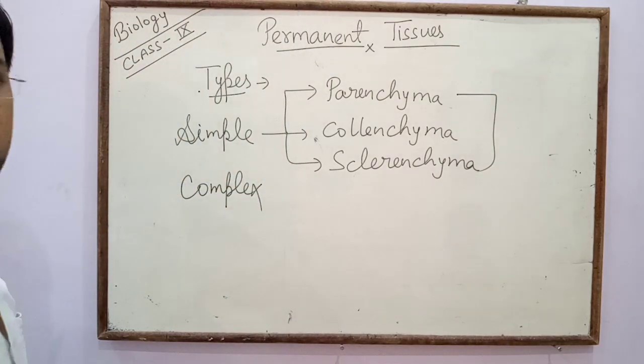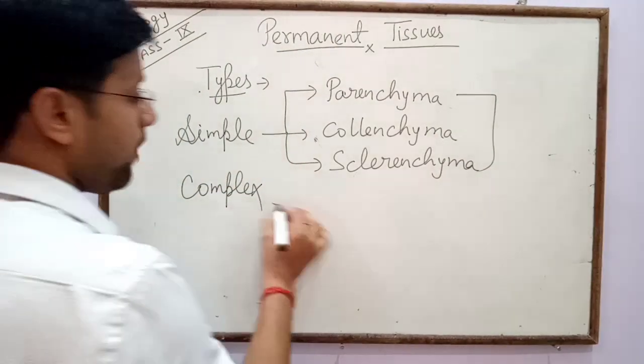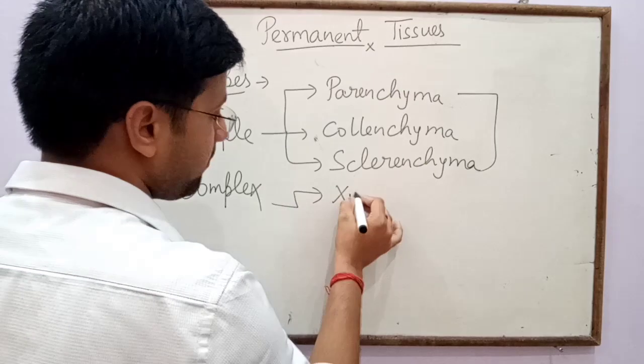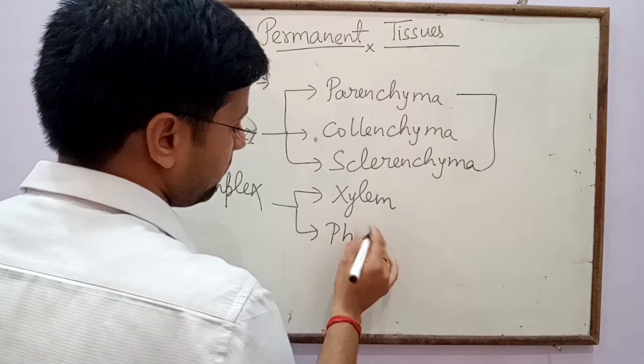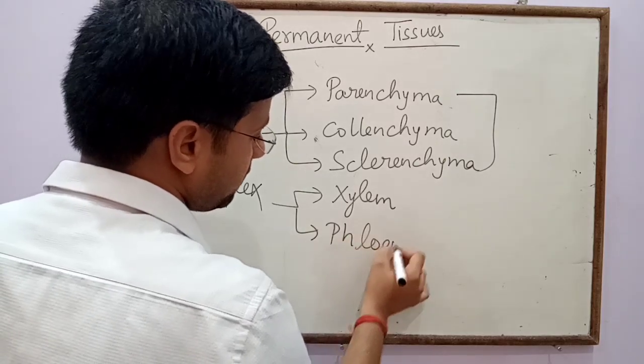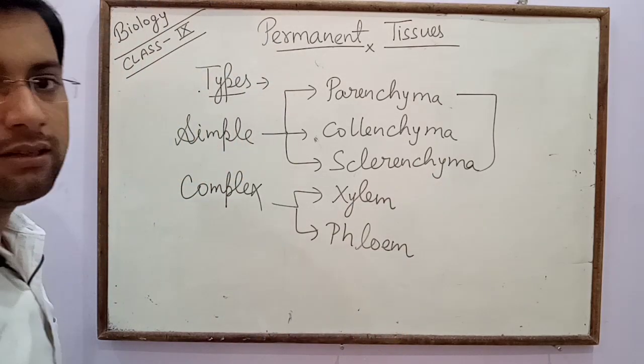While in complex permanent tissue, xylem and phloem are the types of complex permanent tissue.